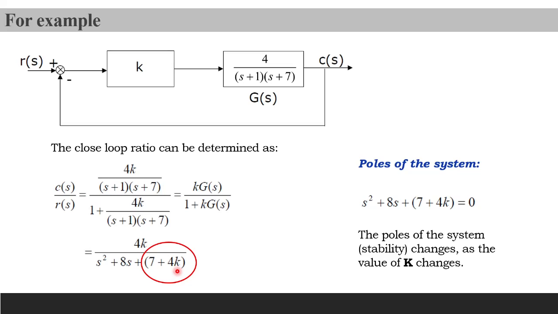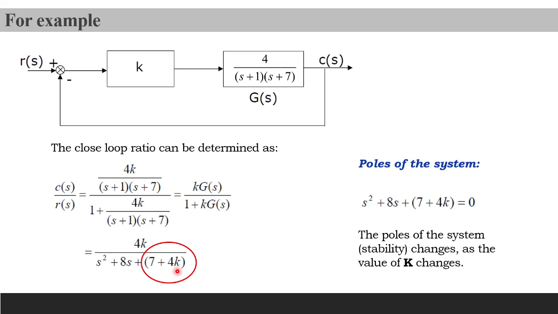We can even alter the stability of the system. We can choose a particular value of k for which the system is stable, and we can also choose values of k for which the system is unstable, which is undesirable. So we want to avoid the values of k for which the system gets to instability.